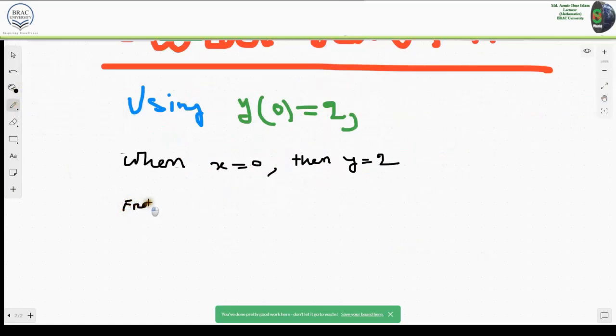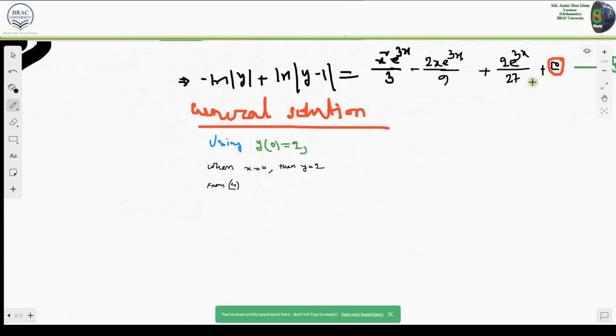So from equation 4 we have to input the value of y and x in this equation.